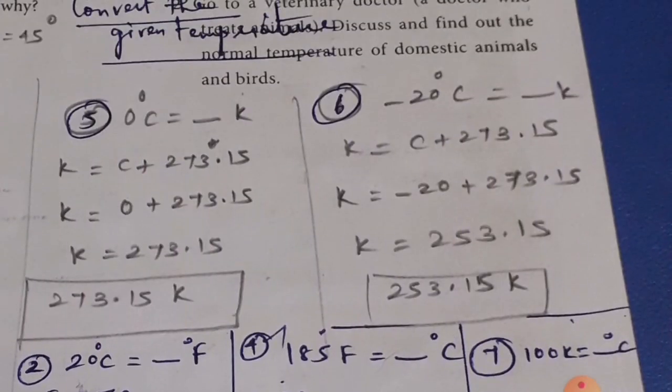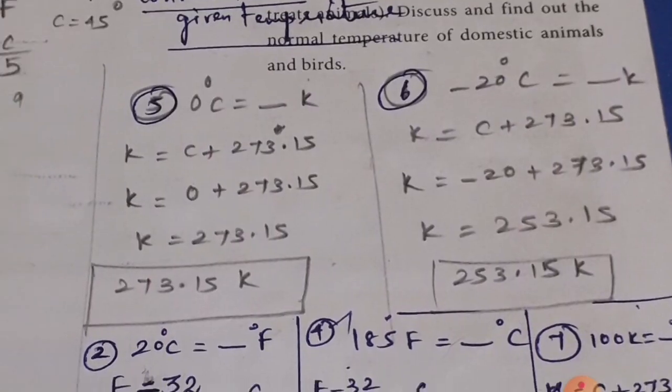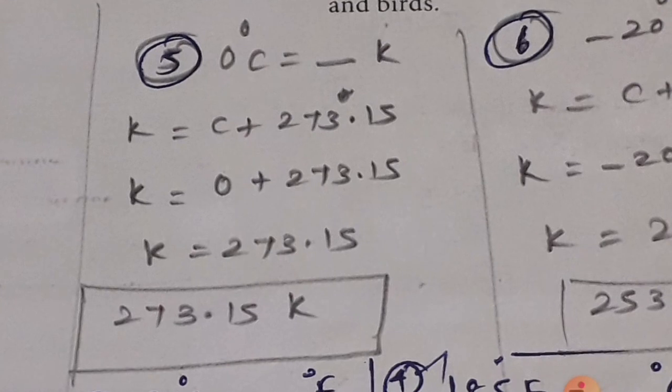Clear children? And see the fifth problem, children. This is the important problem, children, because in all the earlier questions you learned only the Celsius scale and Fahrenheit scale. But in this fifth problem you are writing the Kelvin scale. This is your question: 0 degree Celsius is equal to dash Kelvin. So write the formula first, children.